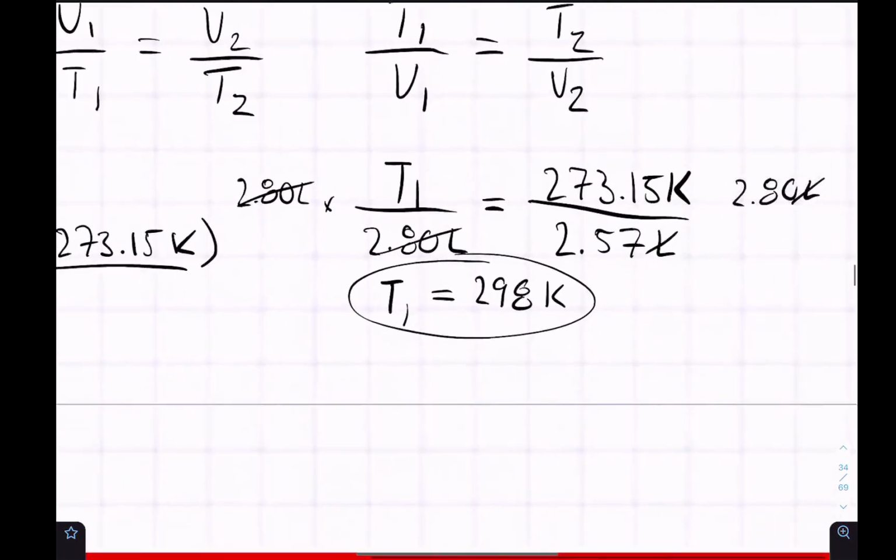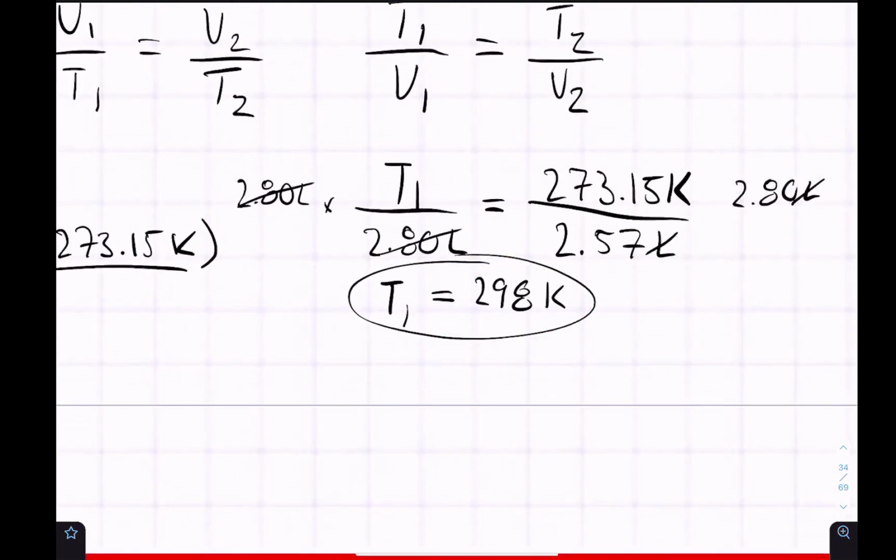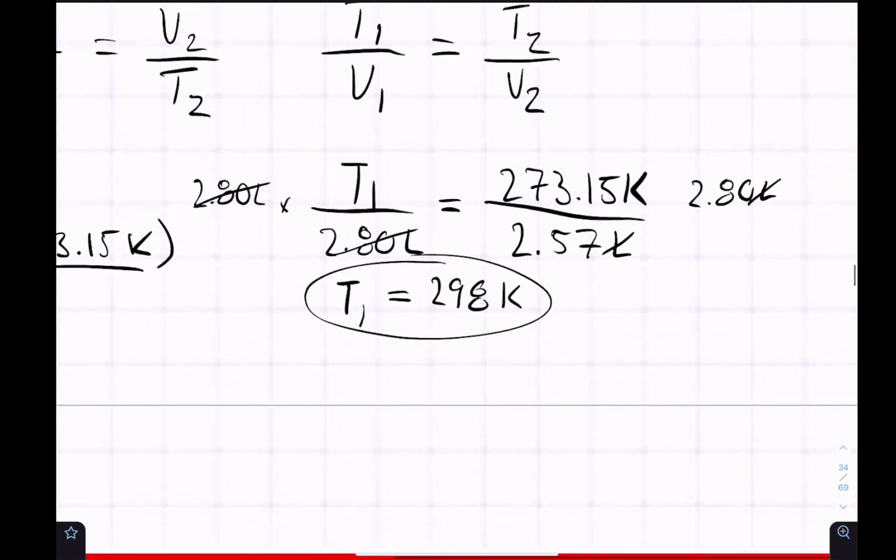So to go back, we'll say 298, and you should really use the whole number, minus 273.15. So it's 24.4 degrees C.